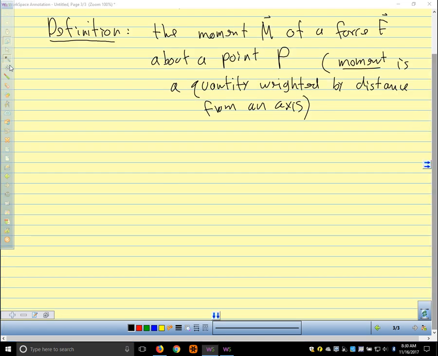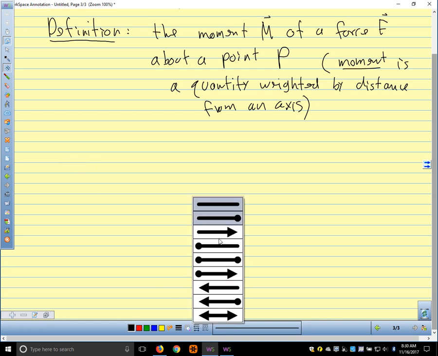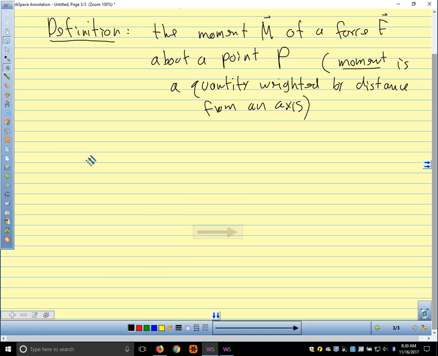All right, so let me draw a picture here. If we have some vector PQ, like so, and we have a force that's acting, so say this is a lever or a bar or a wrench or some physical object, and we have a force that's acting on that. So we're pushing on the wrench, we're pushing on the bar, we're lifting on the lever.